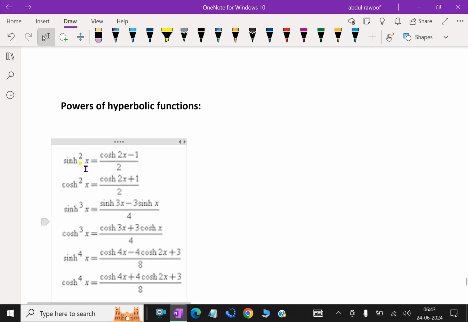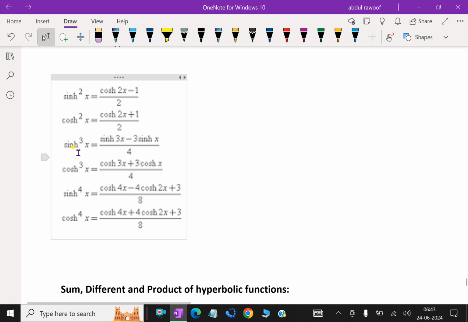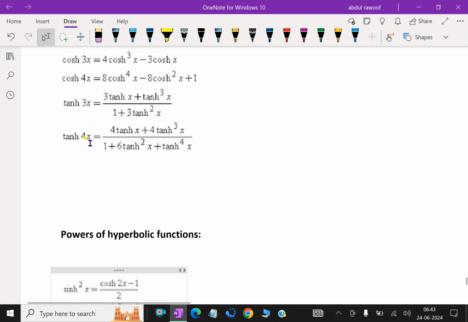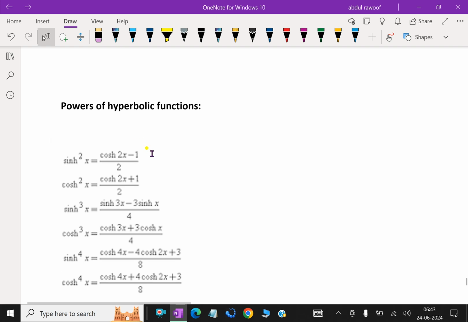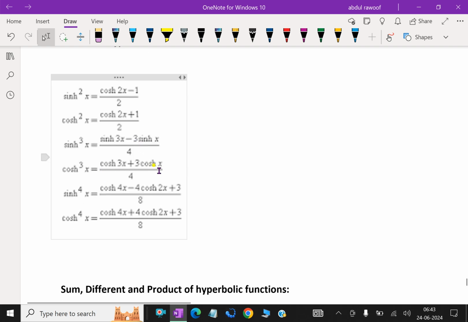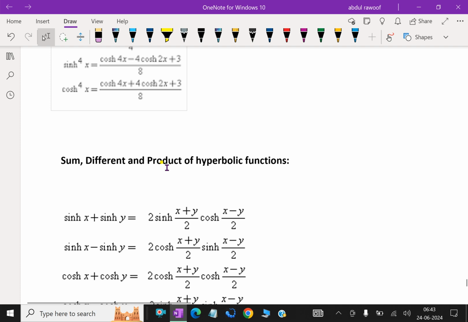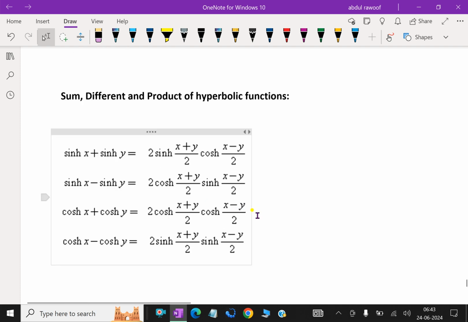We can get the power sinh cube x, cosh cube x, and the fourth power because we have tanh 4x. From this we can get the things here. This is the expression for powers of hyperbolic functions.